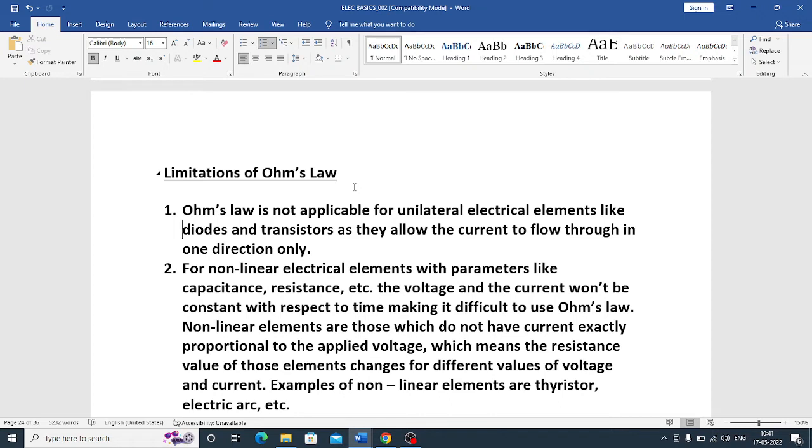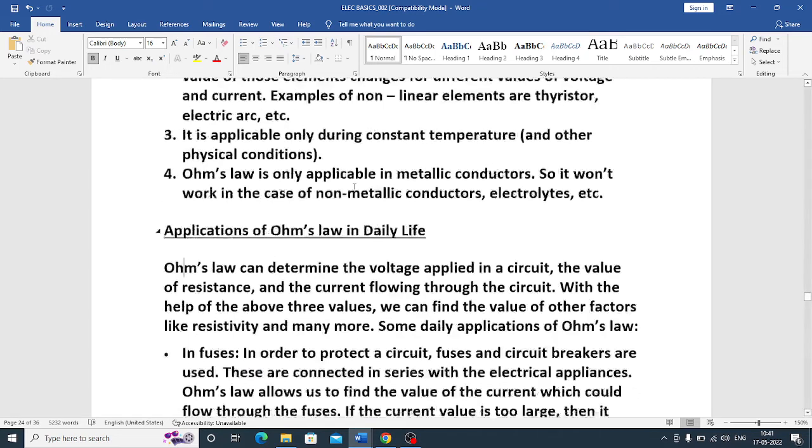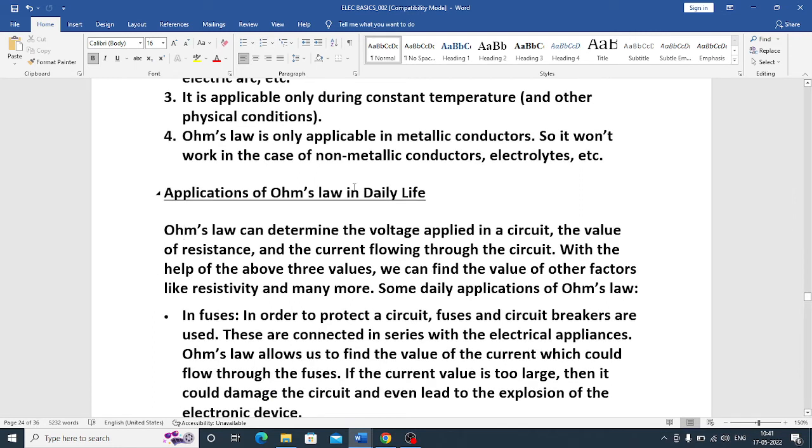In electrolytes also it cannot be used. It cannot be used for non-linear resistances, capacitances, etc. So it is usually used only in metallic conductors, and that too only at constant temperature. If temperature is varying, the results will be erroneous.